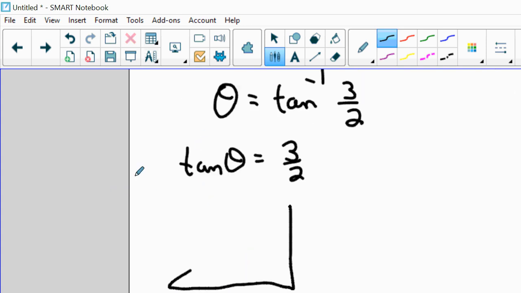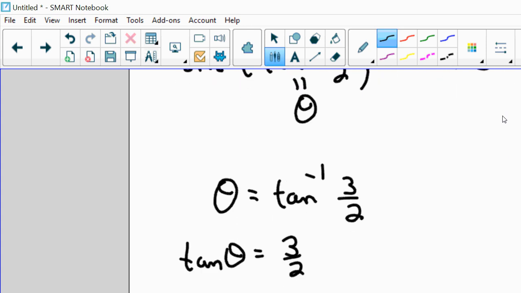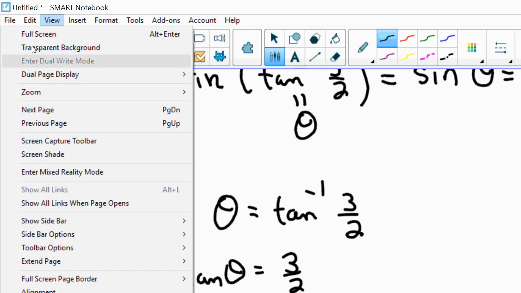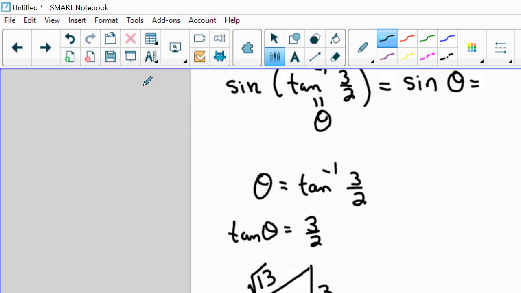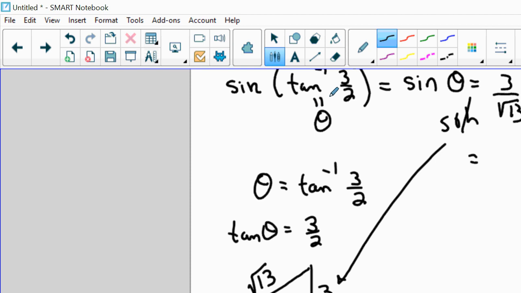Then you draw yourself a little triangle, and you say TOA. Therefore, square root of 9 and 4, 13. Sine of theta is SOH, and that's 3 over radical 13, which is 3 radical 13 over 13. Boom. Game over.